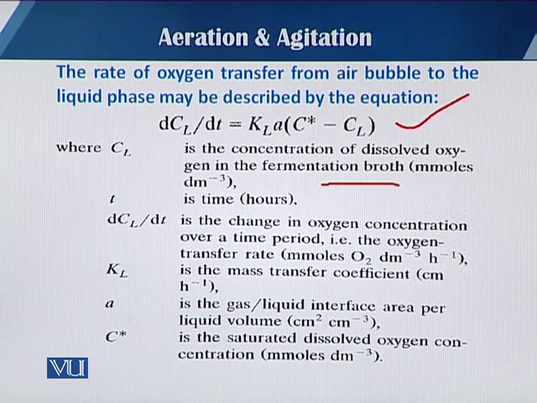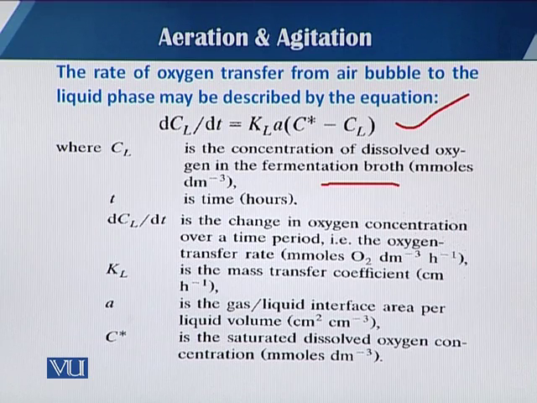KL is, as you know, L for liquid, the mass transfer coefficient. It is the transfer coefficient of the air or oxygen into the liquid. A is the gas over liquid interface area, that is, how much surface of the bubble and how much volume of the liquid interact with each other.